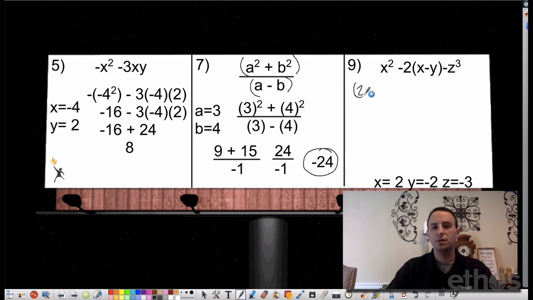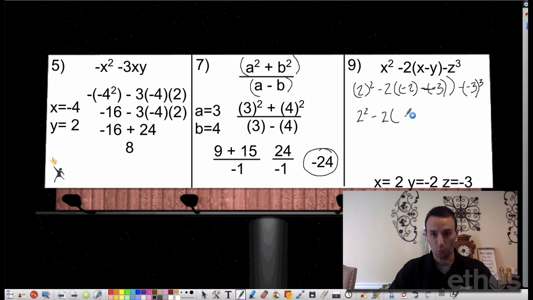So it's 2 squared minus 2 times negative 2, put my parentheses, minus a negative 3 minus negative 3 cubed. So now, again, I'm going to go through, do my parentheses first. So it's 2 squared minus 2, so negative 2, and this is going to turn into plus.